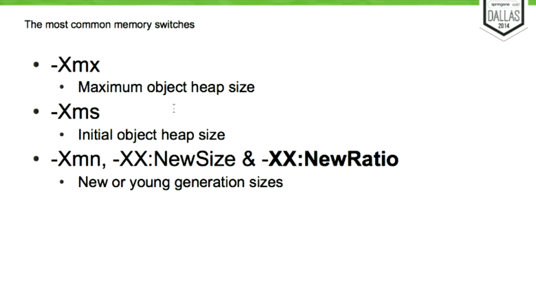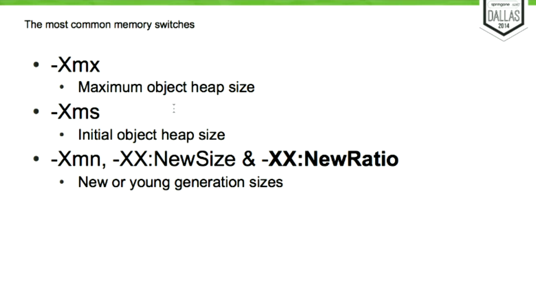The last one I referred to earlier is making sure that we have enough memory in the young generation, the first area of the JVM's memory space. And these are configured using either XMN or XX new size. That's the fixed size way of specifying how much of the available object heap is assigned to the young generation.